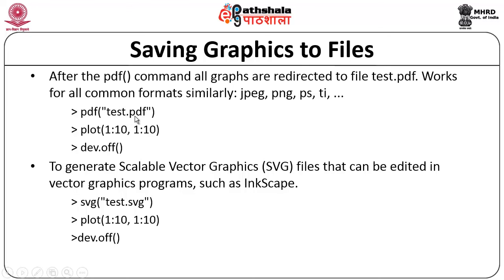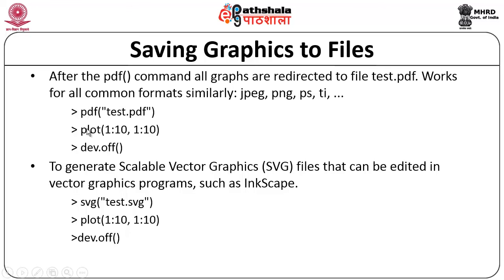In case the test.pdf file is not there, it will be created for the purpose of saving the output, and then when you call the plot function, the output of this plot function will be saved into the test.pdf file.